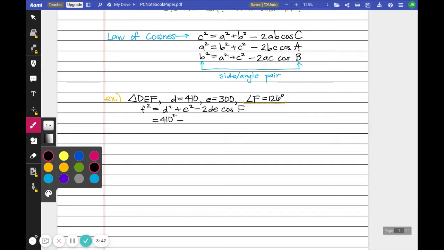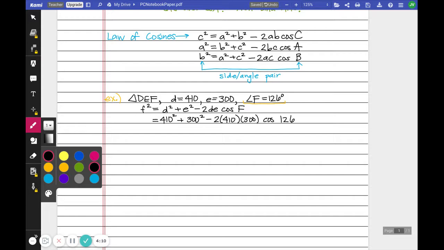410 squared plus 300 squared minus 2DE cosine 126. Now, this is pretty cool. I can potentially put all of this into my calculator at once, because I don't have any variables on that side.